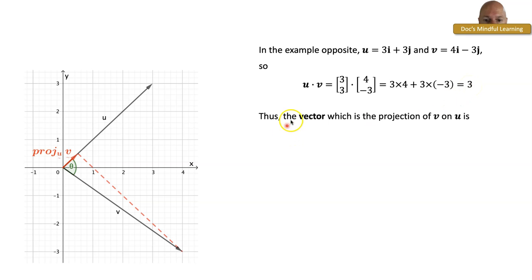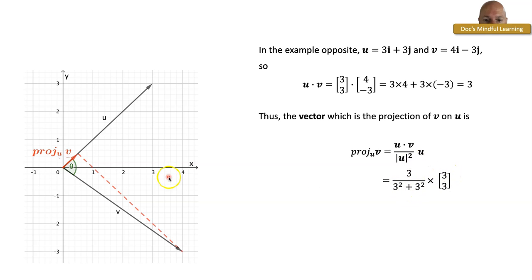The vector which is the projection of v onto u equals u dot v on the magnitude of u squared times u. So u dot v we've just worked out is 3. Magnitude of u squared is the x squared plus the y squared, and because it's squared, there's no square root.